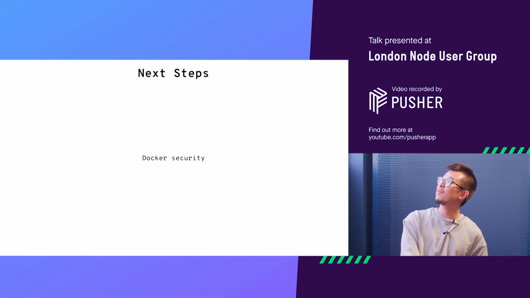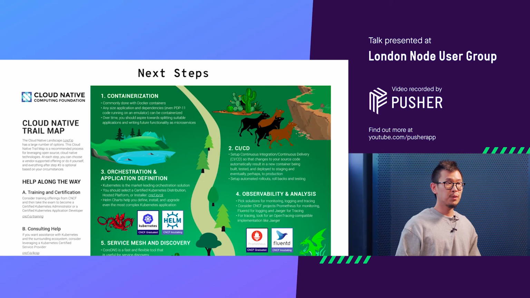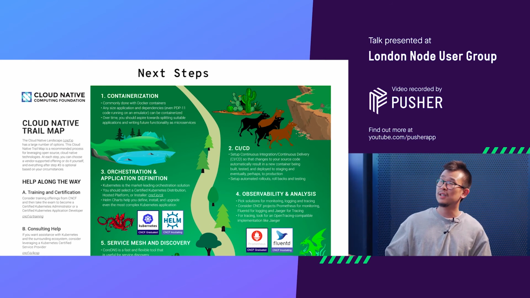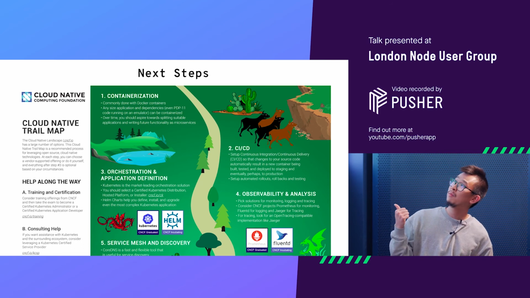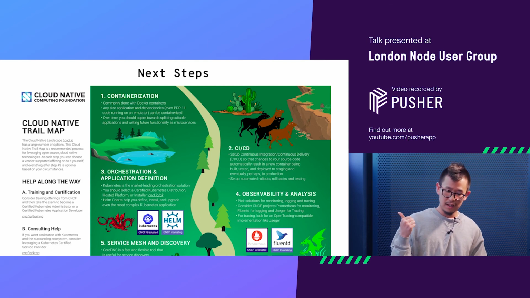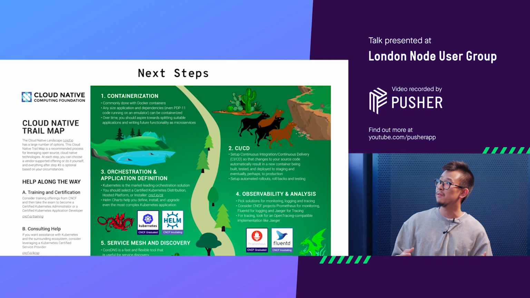And just to put everything back into perspective, if you do want to make use of all the cloud-native stuff, like Kubernetes and Prometheus, then the first step is containerization. This is a trail map published by the Cloud Native Computing Foundation, the CNCF, and it basically guides you through the steps you should take to make your application cloud native.